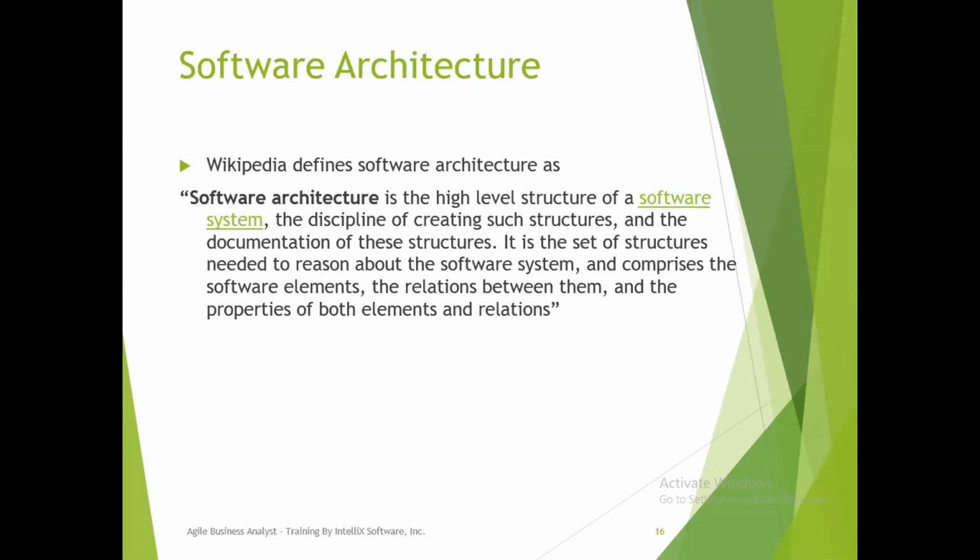Even in the software world, software architecture is the understanding of the various components, how they interact, and the APIs in terms of communication protocols. It comprises software elements, the relationships between them, and the properties of those elements. That, in a nutshell, is software architecture.